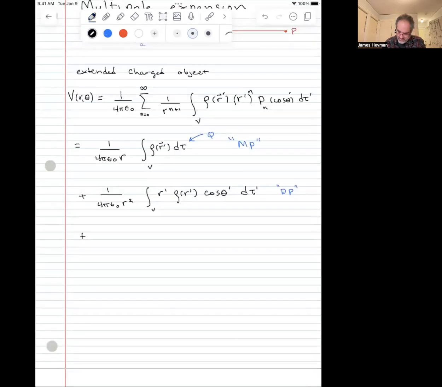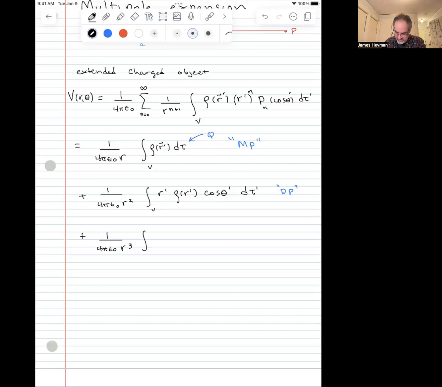The next term, well, the series continues forever. Here, let's write down one more term. It's 1 over 4 pi epsilon naught r cubed. Note each successive term drops off faster and faster compared to the ones before.